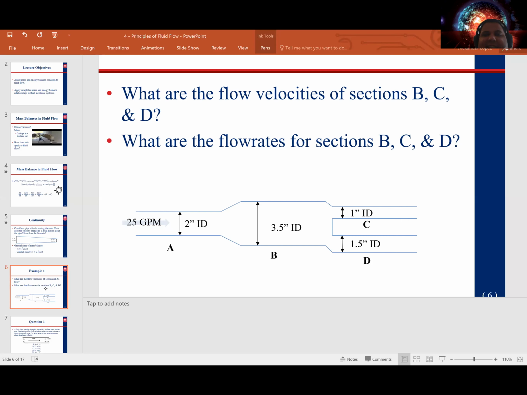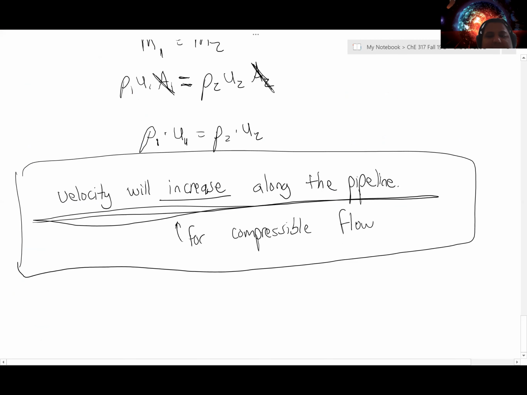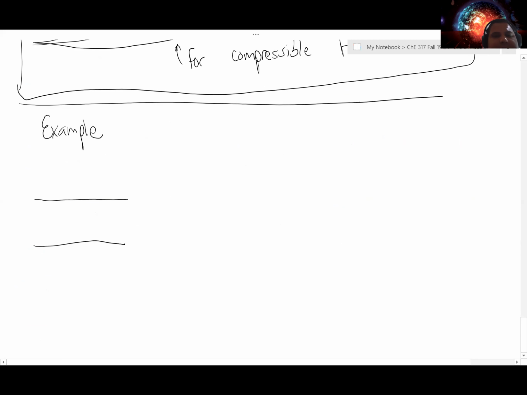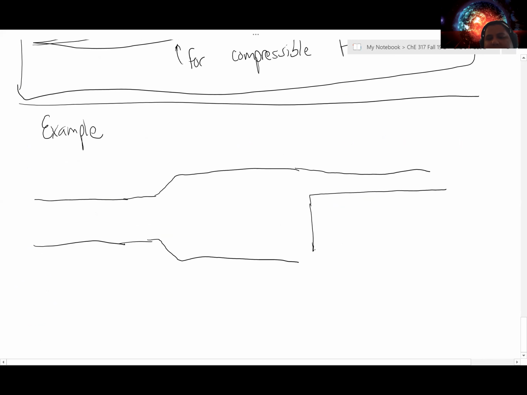So let's take a look at this together, and we can see what we can come up with. I've got a system that looks like this. Section A, section B, and we have section C, section D. Where this was, if I remember correctly, 2 inches.